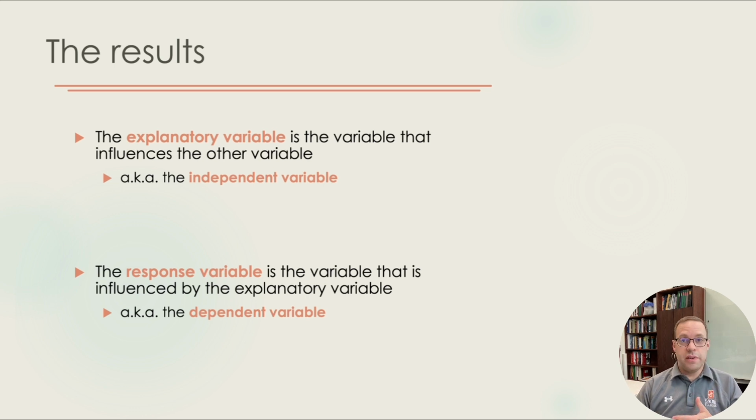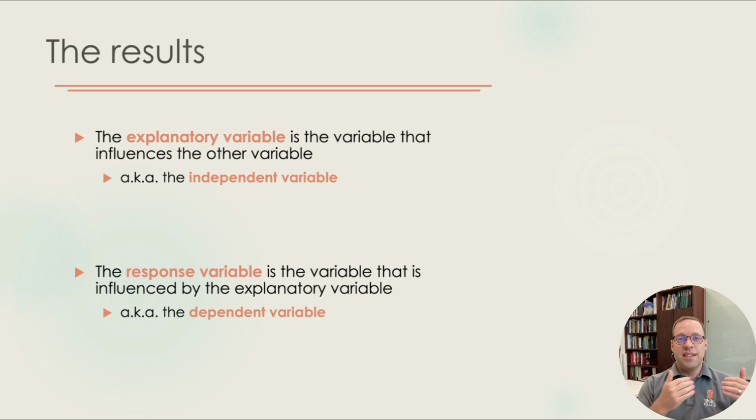For example, people running the stop sign versus time of day. Is it more likely that the number of people who run the stop sign influences the time of day? Or is it more likely that the time of day influences the number of people running the stop sign? The second option is much more likely.